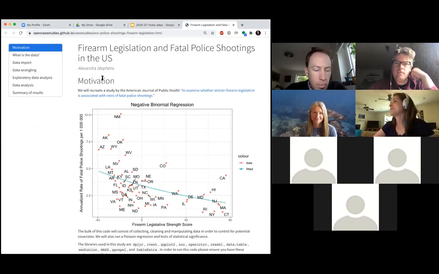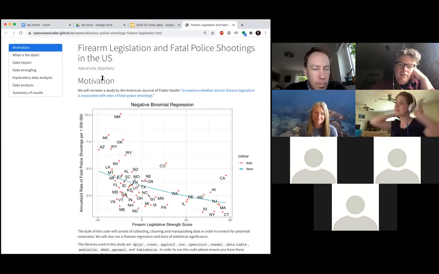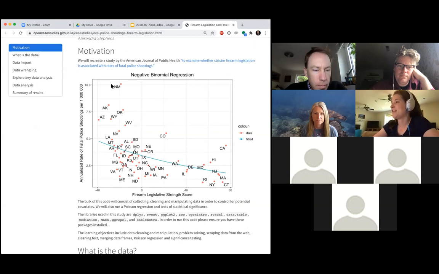Okay, so this is a different case study called Firearm Legislation and Fatal Police Shootings in the US. The motivating figure here is again the one that we're going to build up to at the end. The idea is to try and associate, for each state, a legislative strength score we calculated for firearm legislation, and on the y-axis, the annualized rate of fatal police shootings.